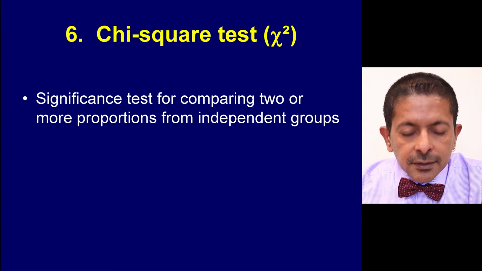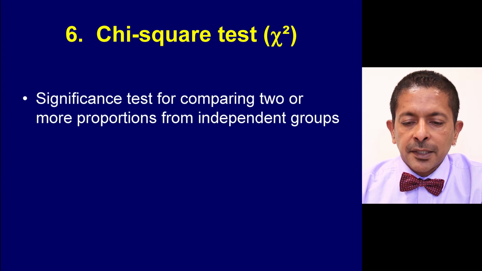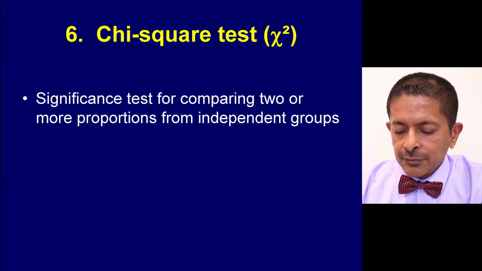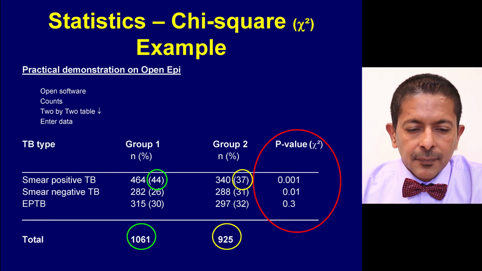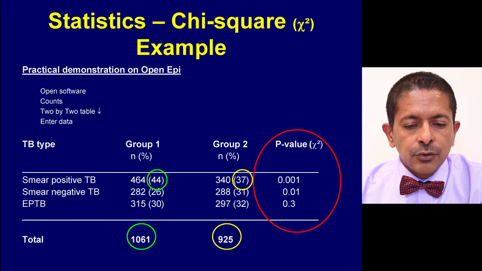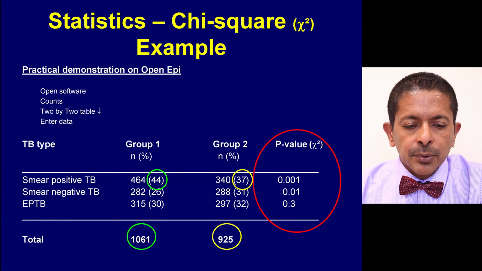Now, the chi-square test is very often used, and this is a significance test for comparing 2 or more proportions from independent groups. Exactly the kind of example I've just covered in the last slide. And here's an example, and again, you could use the Open Epi to actually do chi-square calculations.